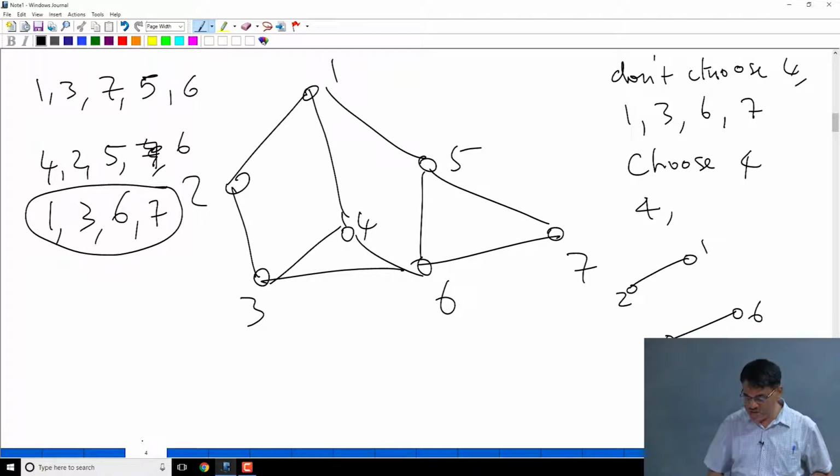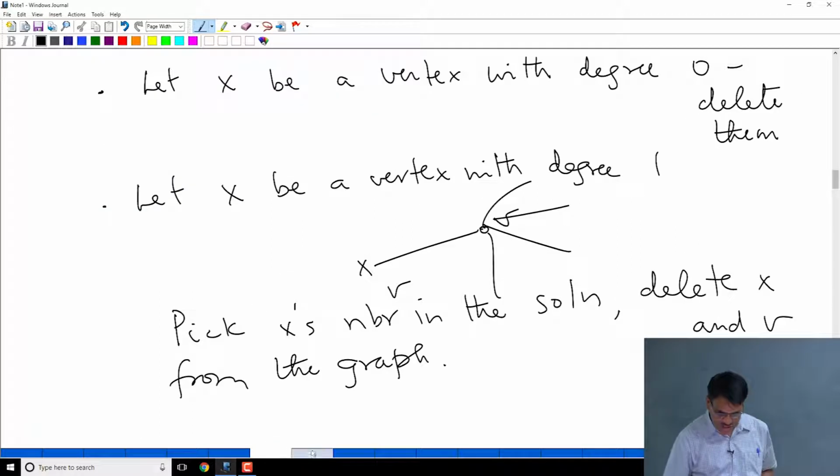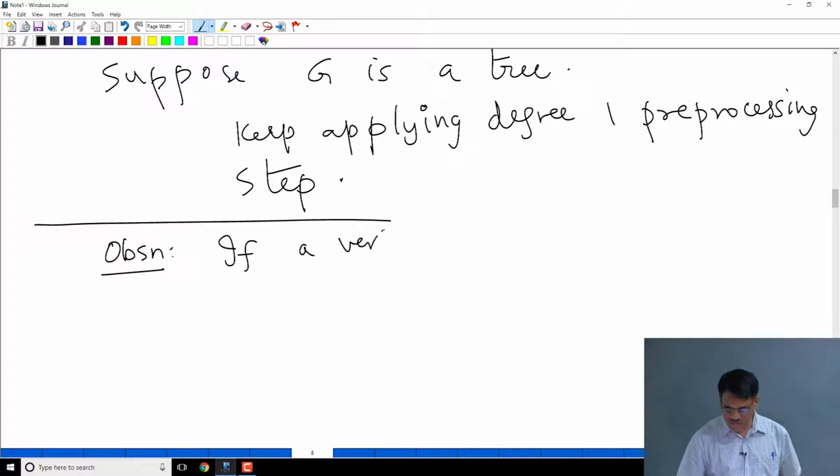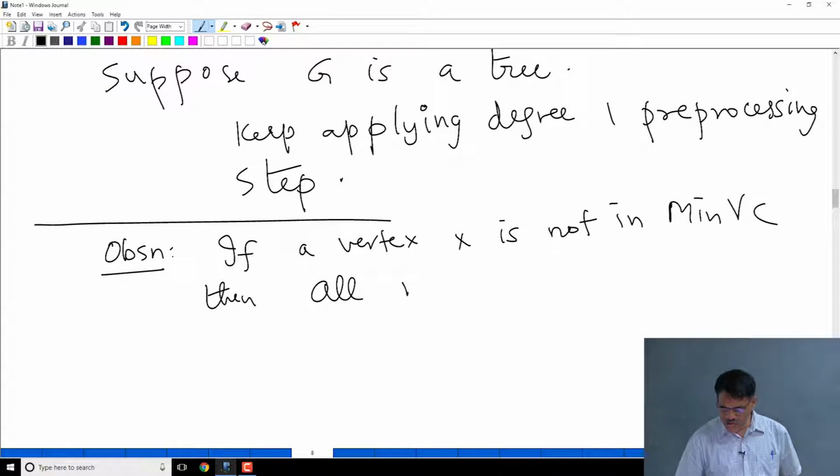Who is going to cover this edge 4, 3? It is 3. So let us capture that observation and see how we can use it in an algorithm. So, let me make this observation. If a vertex x is not in the solution, for me the solution means minimum vertex cover, then all neighbors of x must be there.